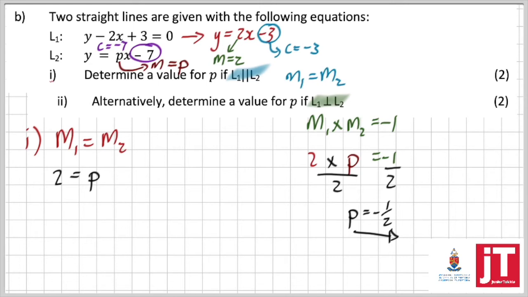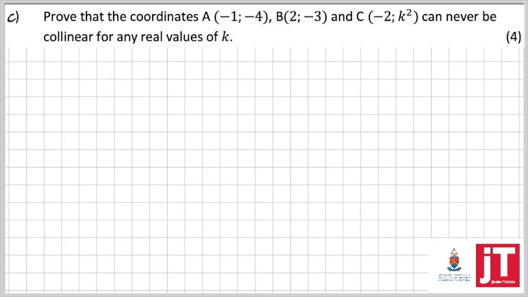Let's look at the last question. Question C is possibly my favorite of this whole series. Question C asks you to prove that the coordinates A, B, and C can never be collinear for any real values of k.